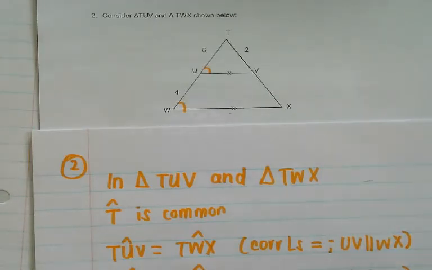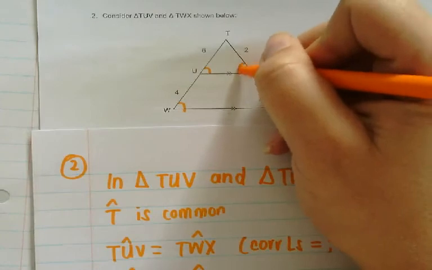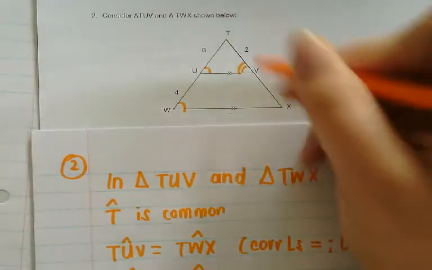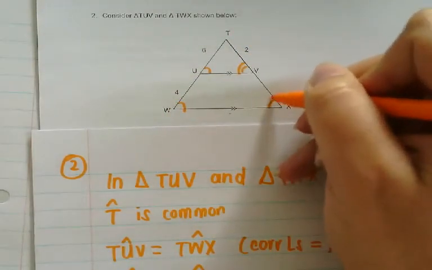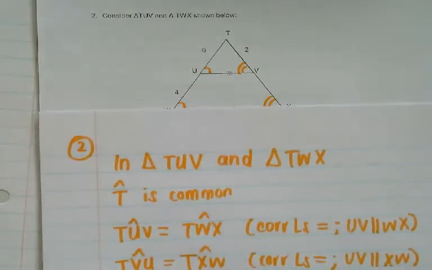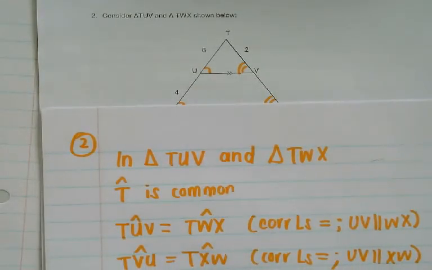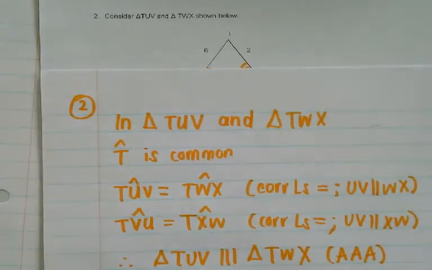Then I can use third angle of triangle, or I can use the other corresponding angle on this side. TVU is equal to TXW. And I use corresponding angles again. Corresponding angles are equal, UV is parallel to XW. I just accidentally mixed those letters up. It wasn't on purpose. Okay? Therefore, triangle TUV is similar to TWX, angle, angle, angle.